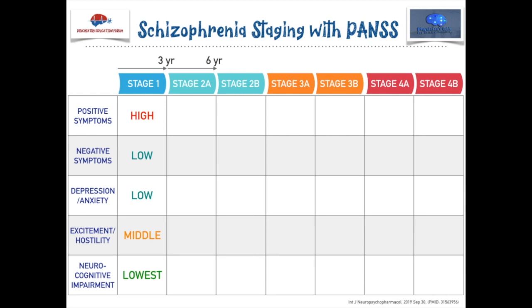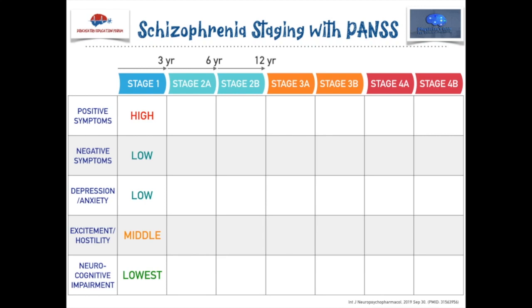So it reaches that 6-year mark from the time of onset. And stage 2B lasts for an additional 6 years. So thereby we reach that 12-year mark. So 3 years to 12 years is the period of stage 2. But you can see that stage 2B is longer than stage 2A.